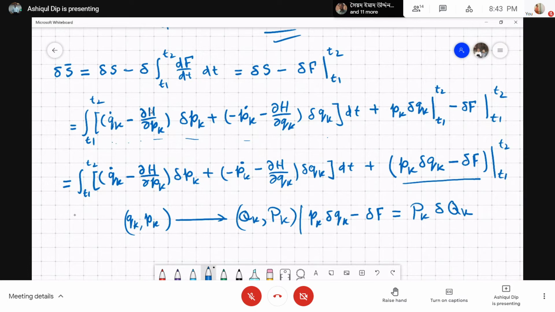We want to make a transformation that preserves this thing. That's the goal.